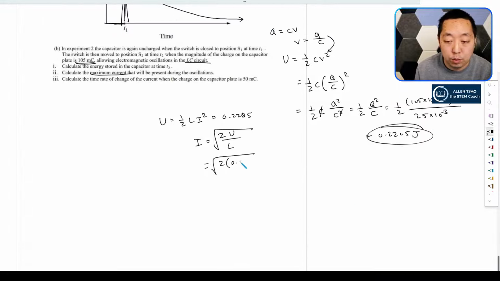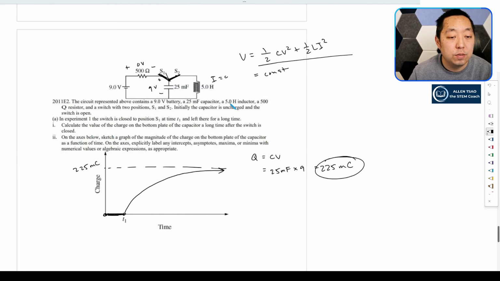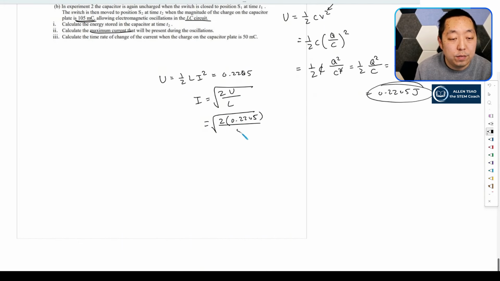This is 0.2205 divided by the inductance. What was the inductance? 5 henries. I'll go ahead and use the calculator in this one, just, we might need some numbers. And that is 0.3 amps.